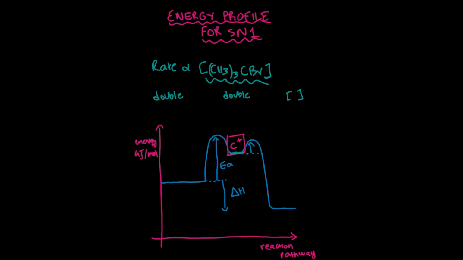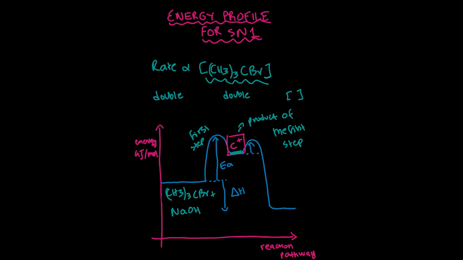Now let's look at the energy profile diagram for this. First over here, you are going to have your reactants, which in this case are your alkyl halide and NaOH. The first step that's going to take place is the formation of the carbocation. The carbocation is the product of the first step, and it's also the reactant of the second step.